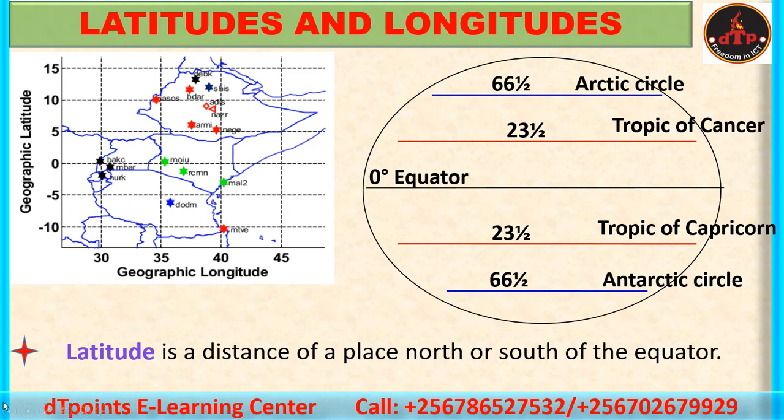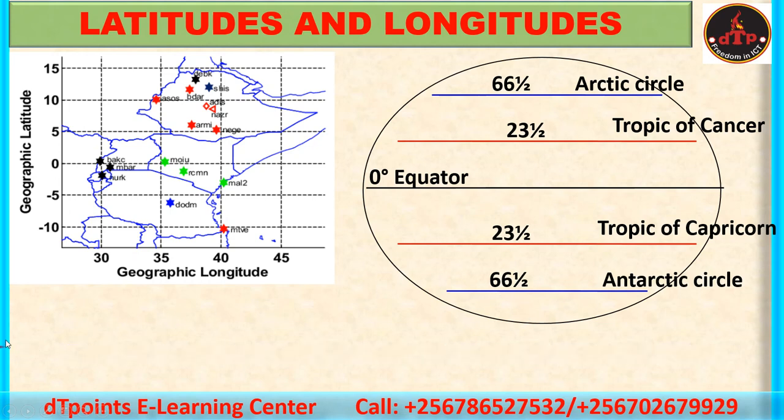I've said a latitude is a distance of a place north or south of the what? The equator. So this distance from here to there, or from here to down here, that's what we call latitude.